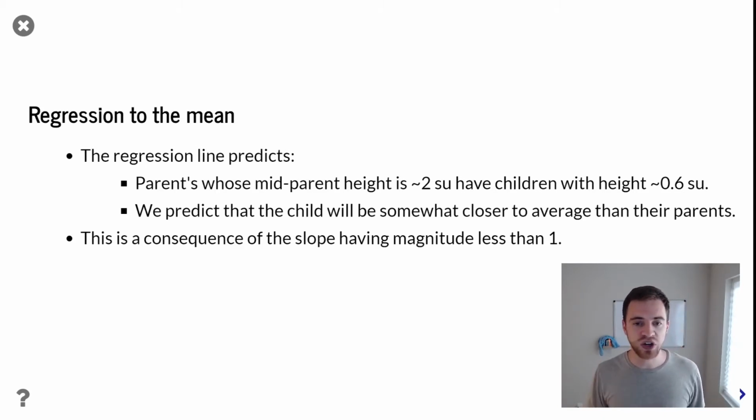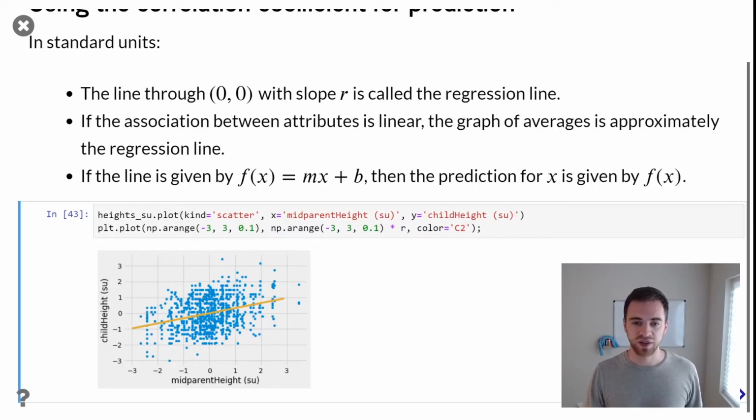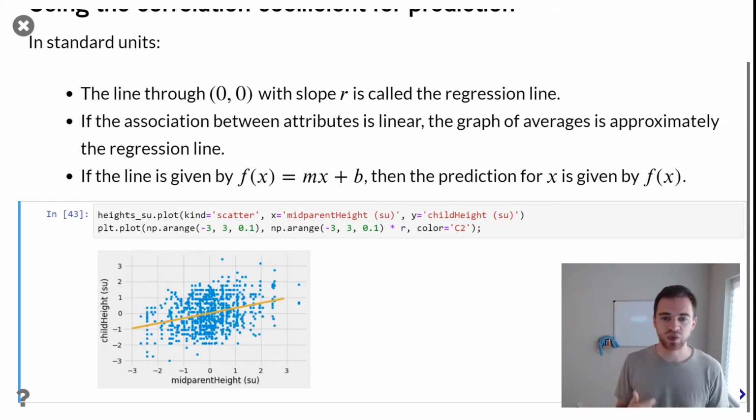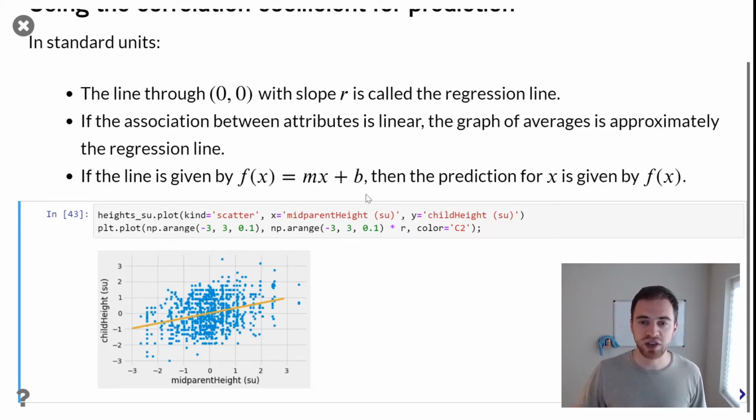Okay? If the correlation coefficient is 1, then the mid-parent height would be the child height, right? It would be easy. But since the correlation coefficient is less than 1, remember how I make my prediction. The y-intercept is 0. At x equals 0, y equals 0 for my gold line here. So to make a prediction for the child height, I take the mid-parent height and multiply by the correlation coefficient.